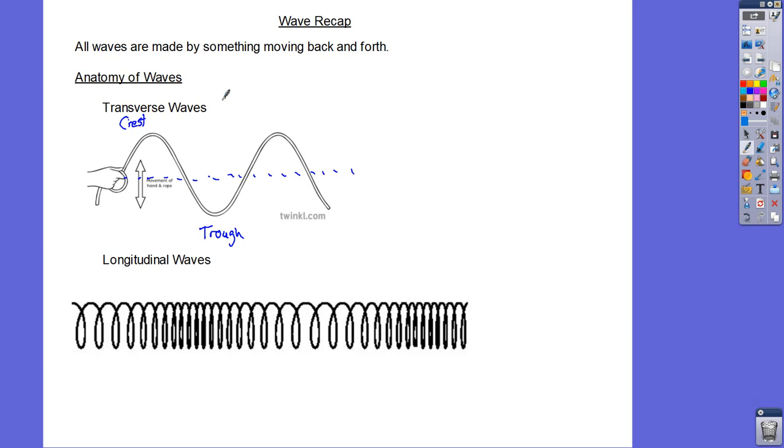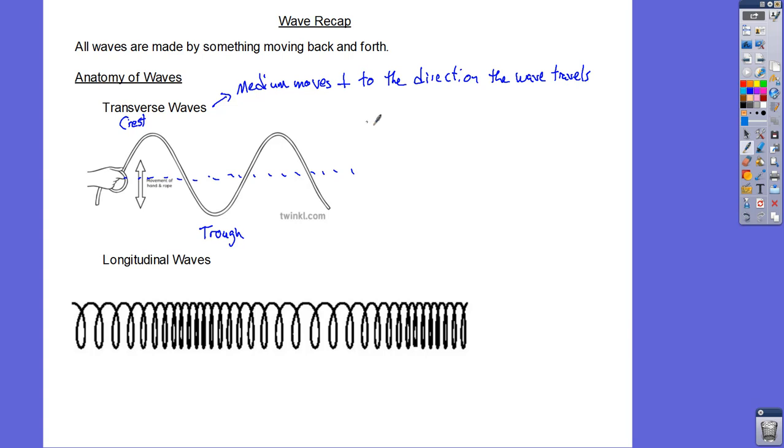For transverse waves, the medium is what the wave is moving through. The medium moves perpendicular to the direction the wave travels.